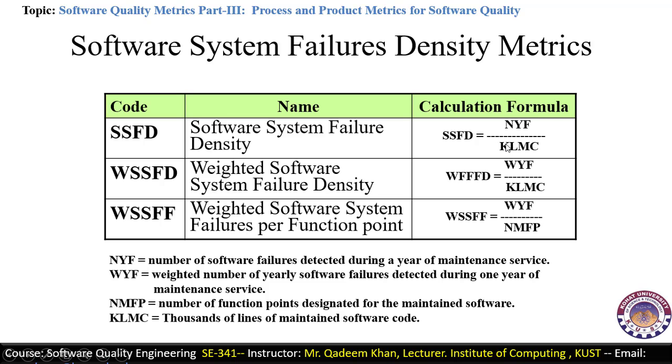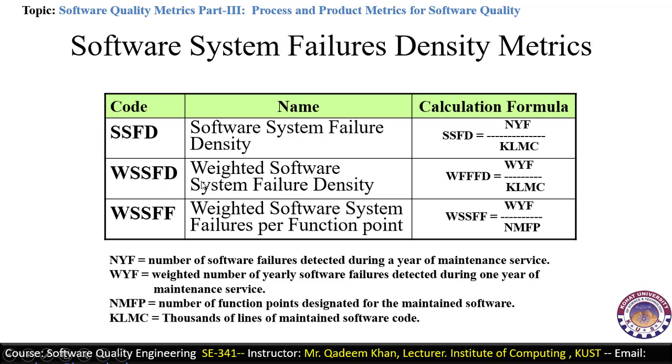It is divided by KLMC, while KLMC is thousands of lines of maintained software's code. So all that code which has been maintained during that particular year is counted in thousands of lines of code. So SSFD is equal to NYF divided by KLMC.